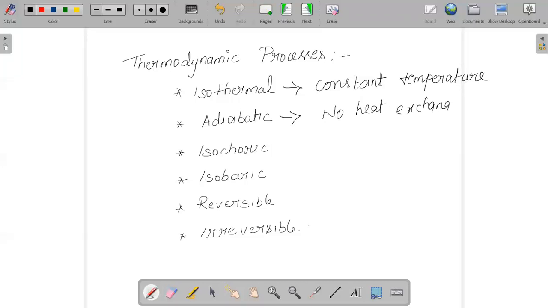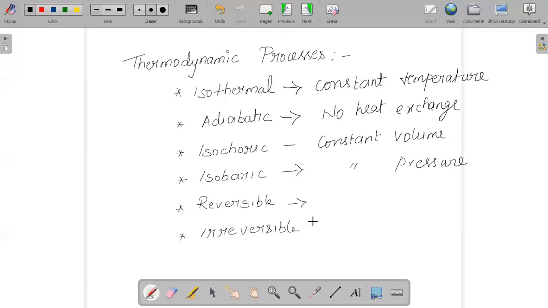In the same way, isochoric means that the particular process has a constant volume. These terms are very, very important. When I say isobaric, it has constant pressure. Reversible means all the changes occurring in it can be reversed.